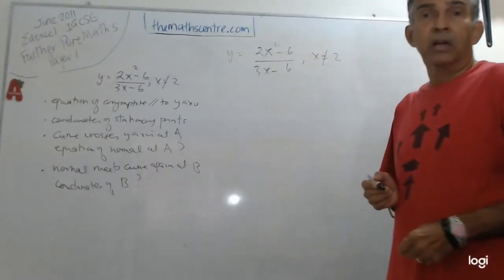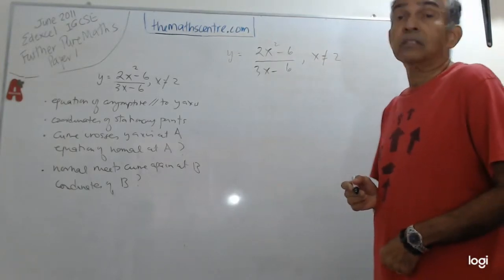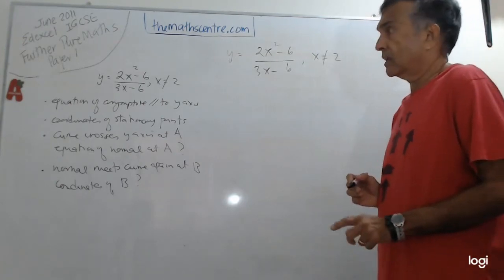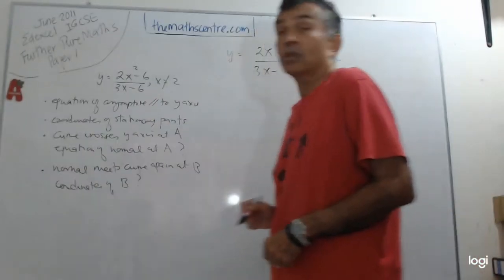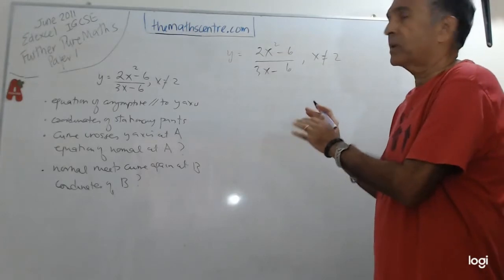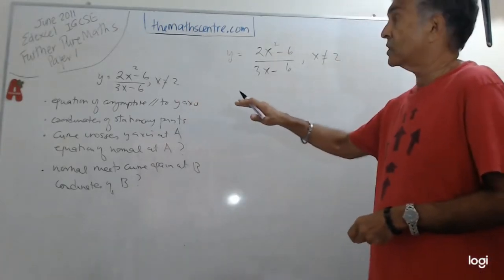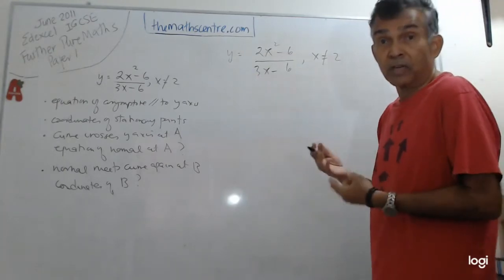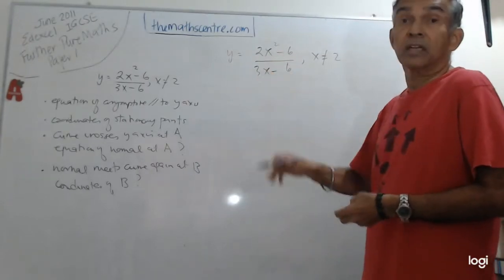In part 1, they want you to give the equation of the asymptote which is parallel to the y-axis. What we learned in class is to take the denominator and set it to 0 first.